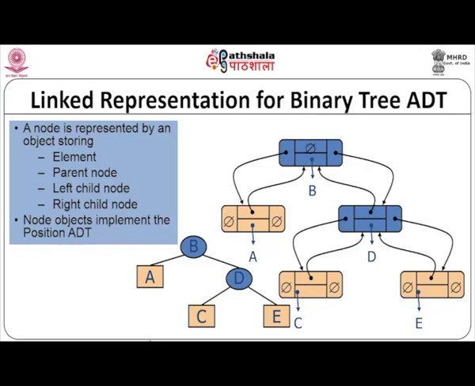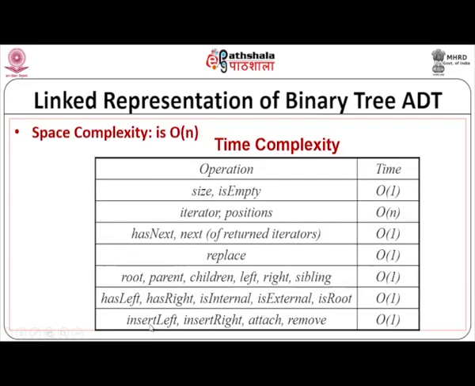D is pointing to B as its parent, it has left child C and right child E, and C and E are pointing to D as their parent; both of them do not have any children, left or right. So, this is one of the linked representations of a binary tree. Here the space complexity is of the order of n, some of the operations like iteration and positions are order n, and most of the other operations take 0(1).